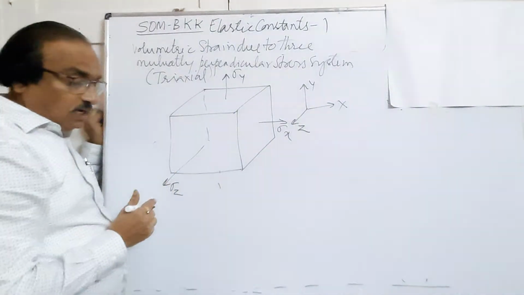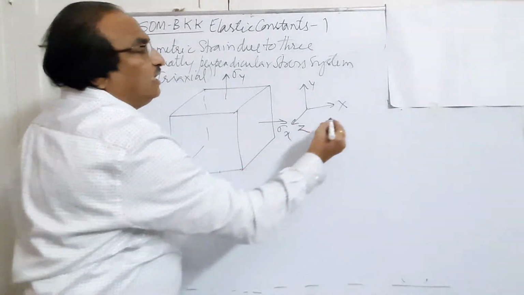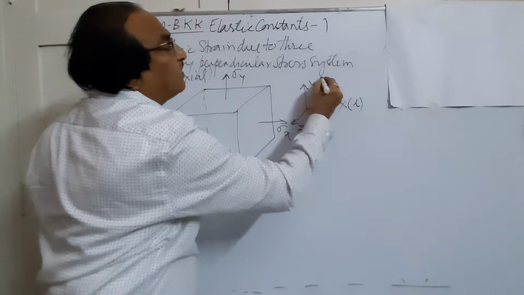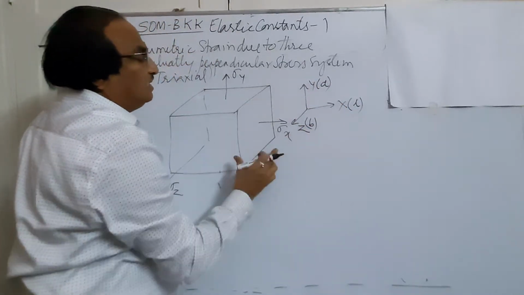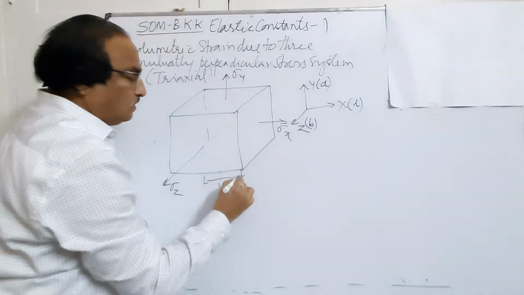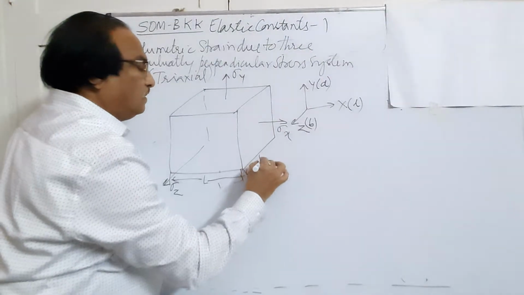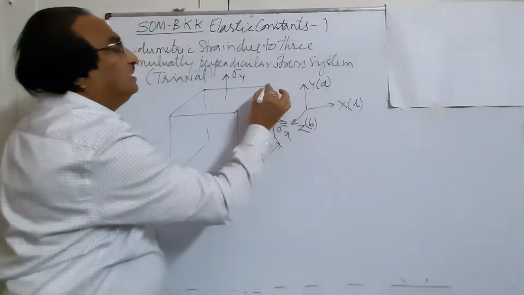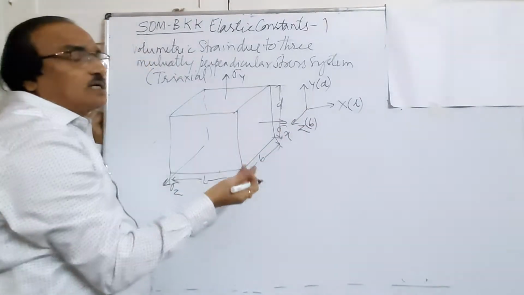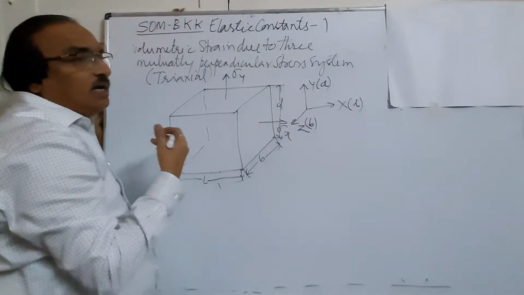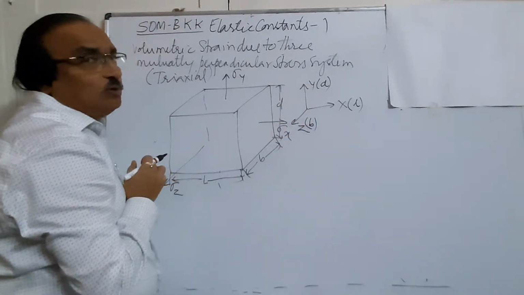Then for the strain, if I call this lengthwise, this depthwise and this widthwise, because this is the length, this is the width and this is the depth. If I take the three dimensions, I can call them either x, y, z or L, B, D, so check the axes that you have chosen.